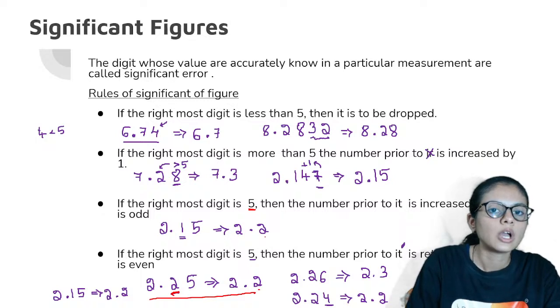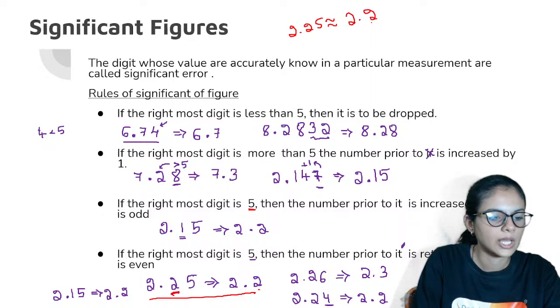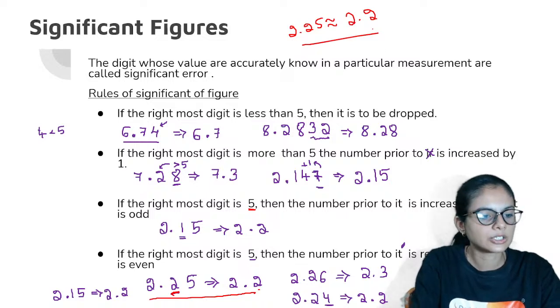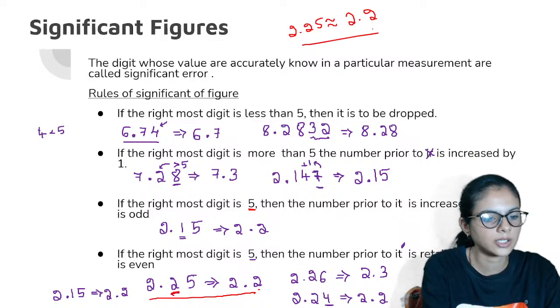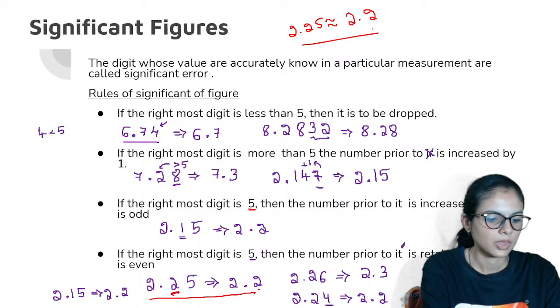Okay, how to approximate things, right? So we can just write it as 2.25 is approximately equal to 2.2. Likewise, it is how to approximate things. And shall we move forward then, if it is clear? If it is clear, let's move forward.